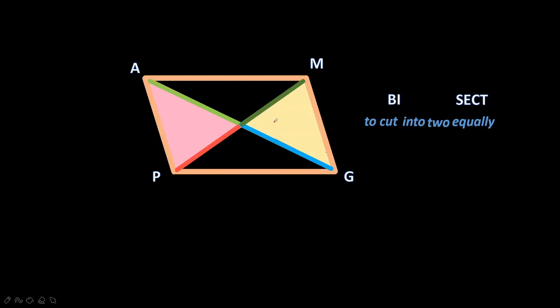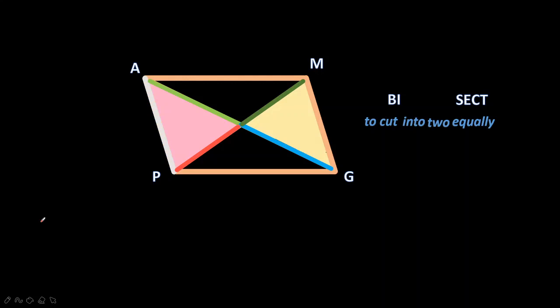If I can prove that these two triangles are congruent, then by CPCT, that means by corresponding parts of congruent triangles, I can prove that this side will be equal to this side and this side will be equal to this side, right? But the first step is if I can prove that they are congruent. If they are not congruent, then the whole thing is a waste. So let us check if they are congruent or not.